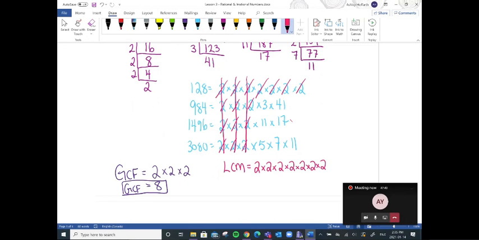Now, what's left over, we have to add into our list here. So anything that's left over that wasn't used. Okay, so from our second list, we didn't use the 3. So we're going to add the 3, and now it's been used. We didn't use the 41, so now that's been used.